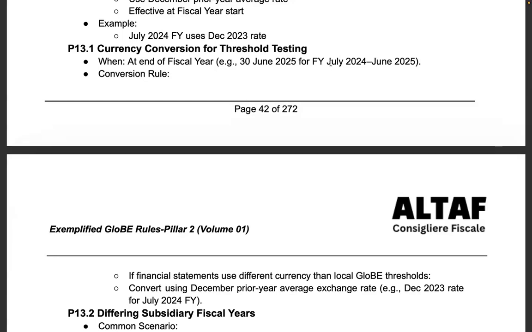The year started in July 2024 and ended in June 2025, so the last date of the year is 30th June 2025. So we consider the last day, the closing day of the year.